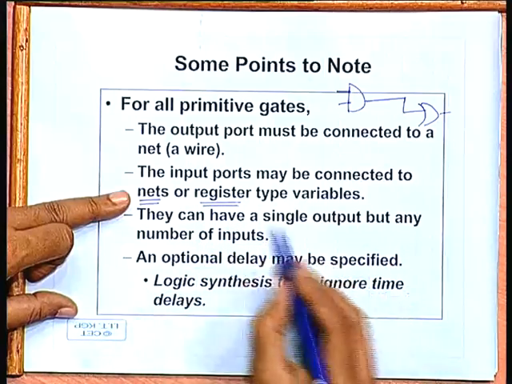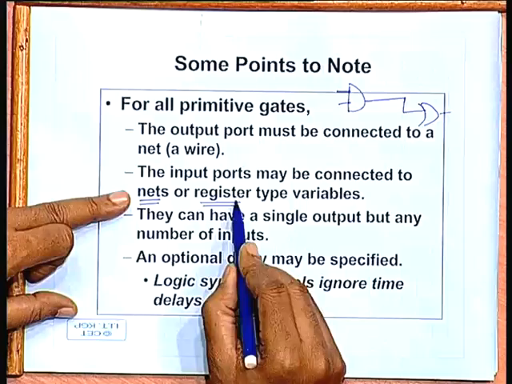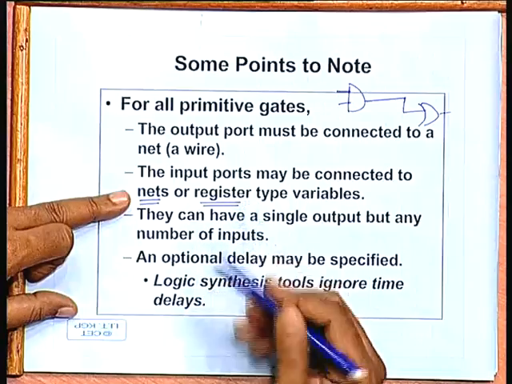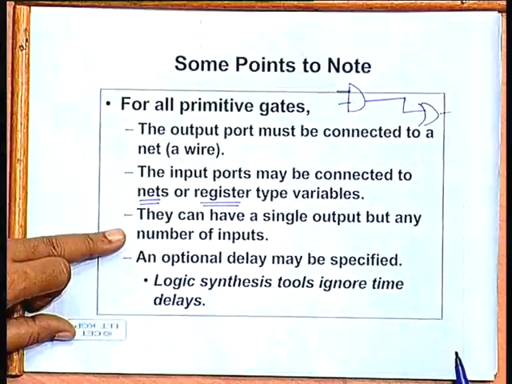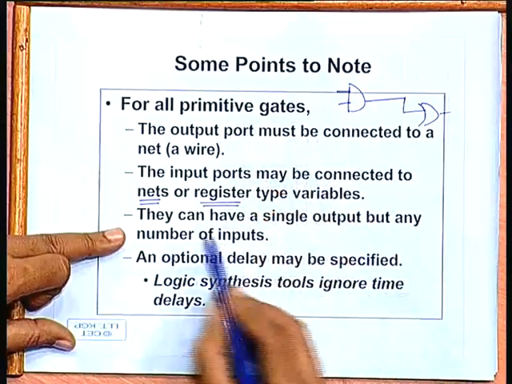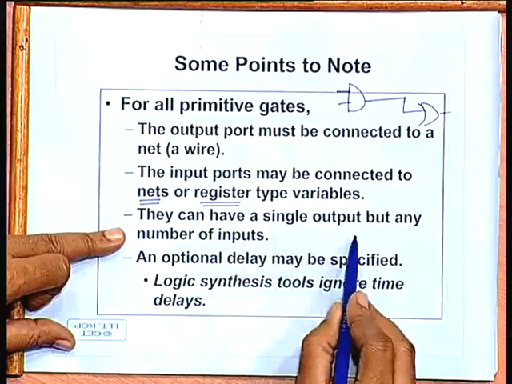But one thing to remember, register type variable does not always mean that it will be synthesized into a register. Well, it is most likely to be synthesized in a register, but in some cases, as we shall see, the translator or the synthesizer can do some optimization where the register is not required. Okay, fine.